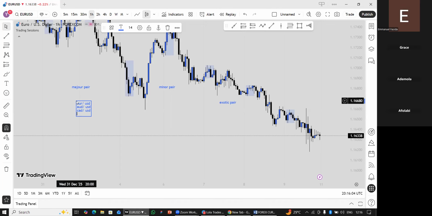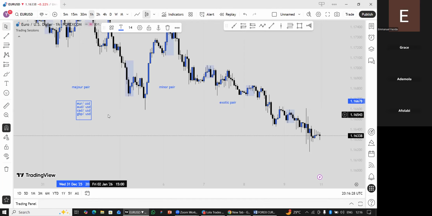Which one again do we have? You have the Great Britain pound, my second best pair. What about China's currency? What currency does China spend?